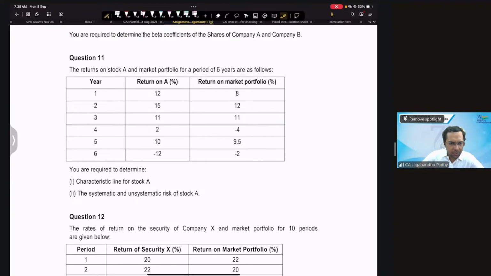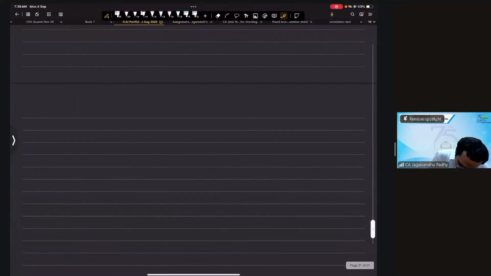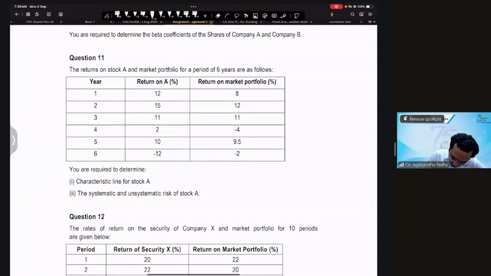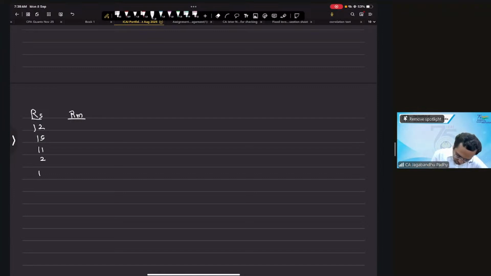Let's talk about it. So we have the return on A and the return of the market portfolio, that is, return of security and return of market. Return of security is 12, 15, 11, 2, 10, minus 12.